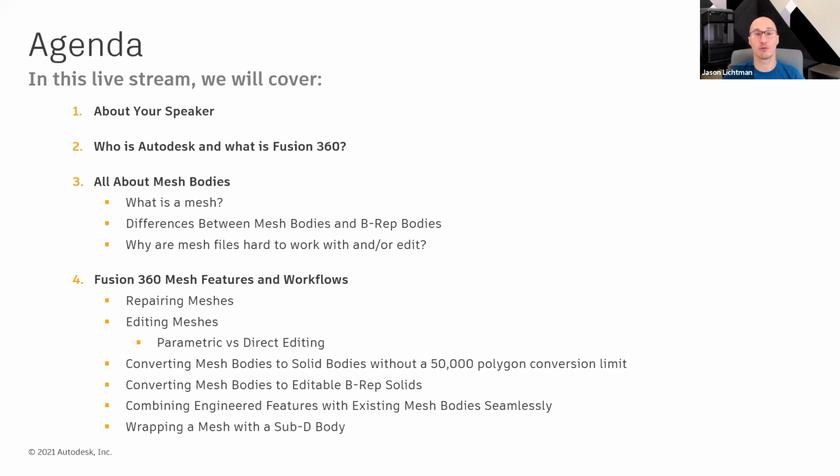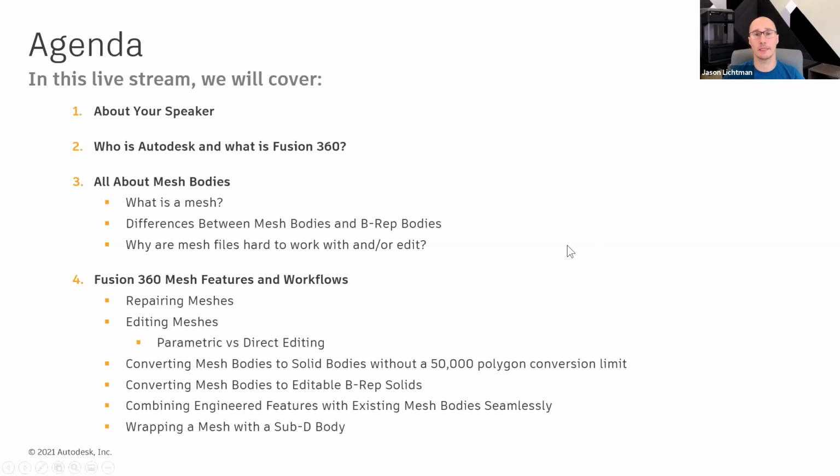Then we're going to get into the really good stuff, what you came here to see today, and that's going to be all of the different tools that are in the Mesh Workspace. Now, there are actually a lot of tools, so I'm going to be covering the highlights today of what I think you will want to know about. And then again, if you want to learn how to actually use those tools, that tutorial on YouTube is going to be a great fit for you.